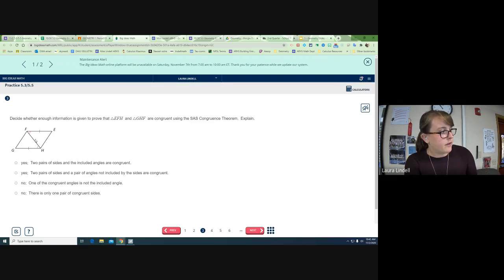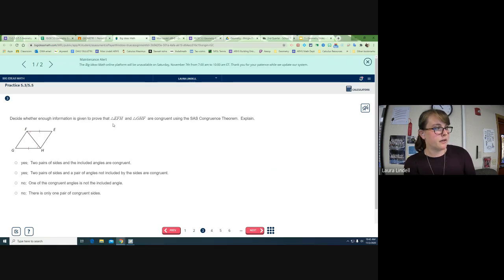So we've got this shared side right here that we would need to label kind of in our mind. And so we have a side, and then we have an angle, and then we have a side here. Is the angle the one that's in between the two sides? Yes. Because this angle right here is between the side that we know that's shared and the side that we know that's labeled.